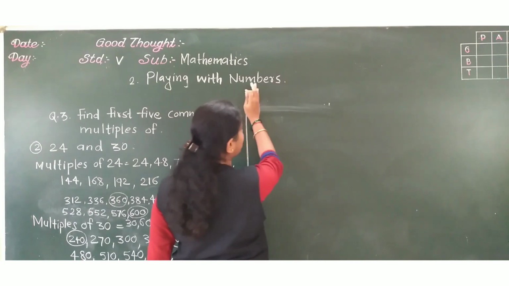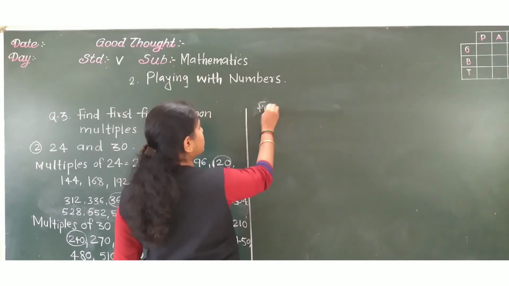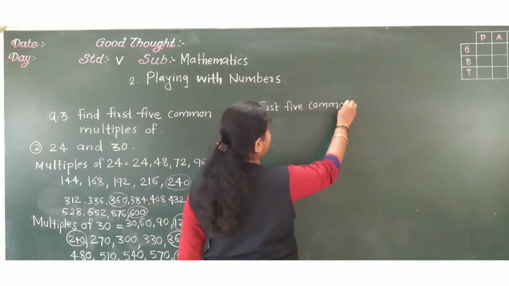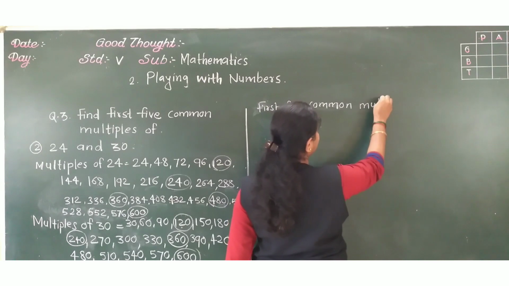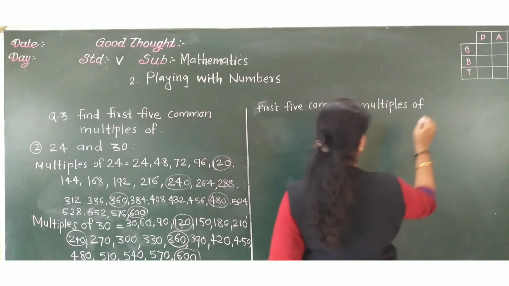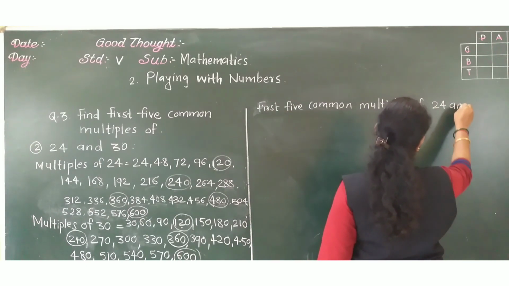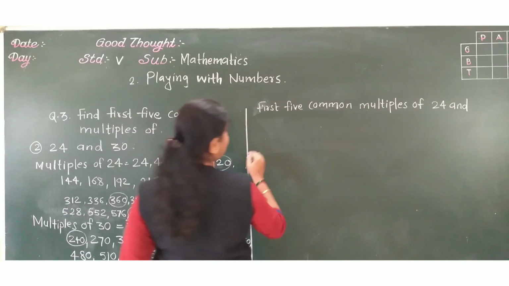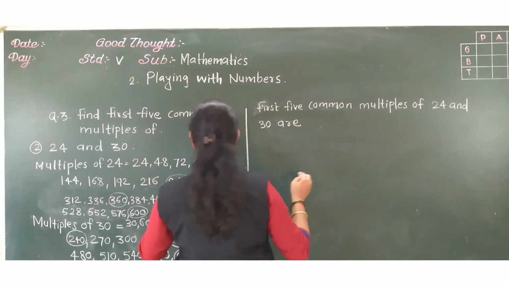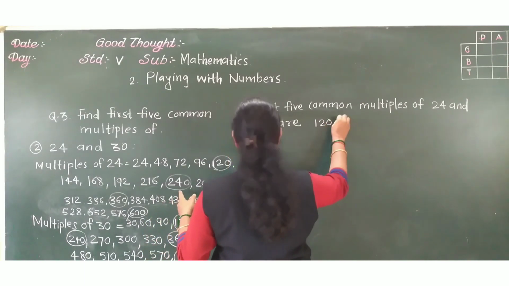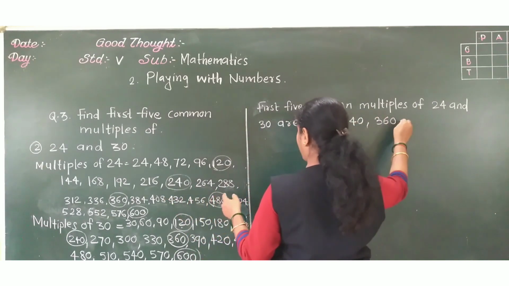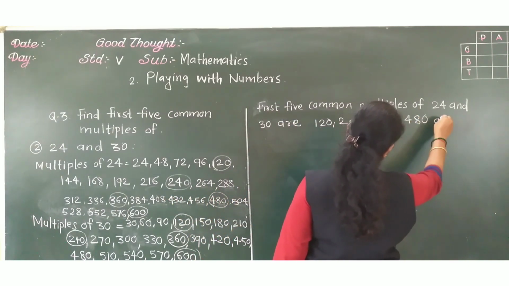You can write in that way also. First 5 common multiples of 24 and 30 are, what are the numbers? 120, then 240, then 360, 480 and 600.